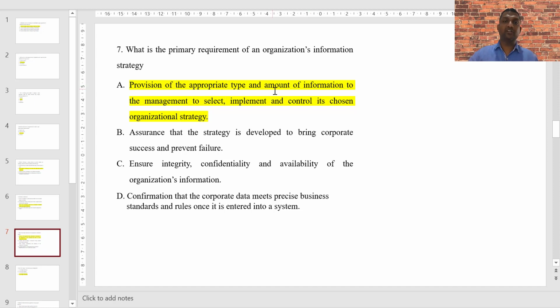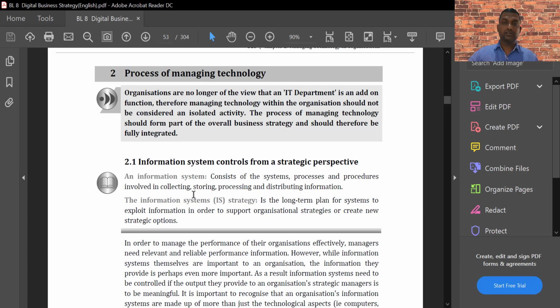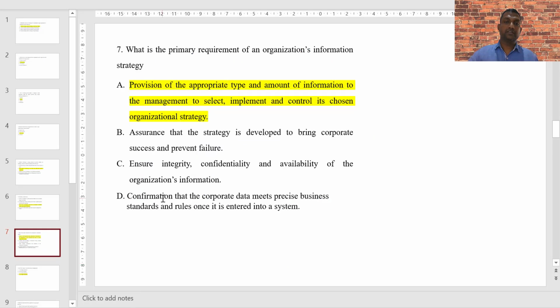There can be other requirements, but the most important thing is to provide appropriate type and amount of information to the management, and then management can select, implement and control its own organization strategy. So that's the correct answer, but it's better to have an understanding of this full chapter itself, because it's related to a lot of other aspects as well.